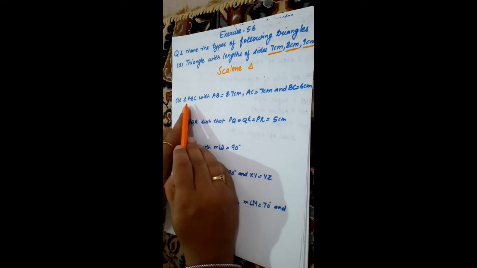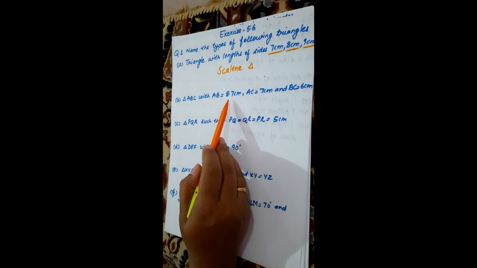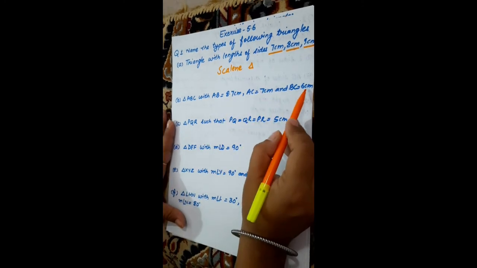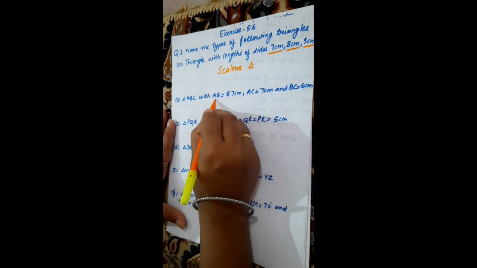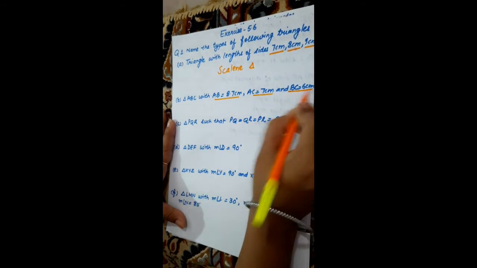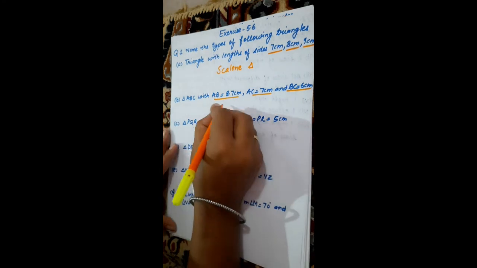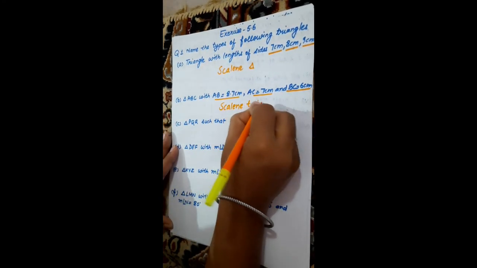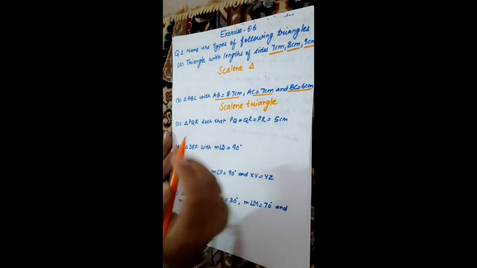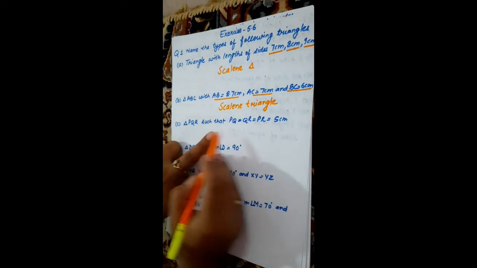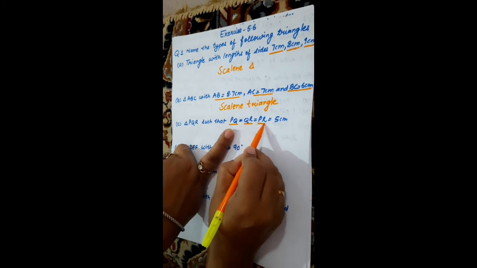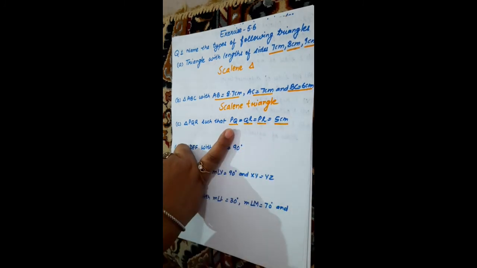Now next, triangle ABC with AB 8.7 centimeter, AC 7 centimeter and BC 6 centimeter. Again, all the sides are different, so this is also your scalene triangle. Now next we have triangle PQR such that PQ is equal to QR is equal to PR is equal to 5 centimeter.